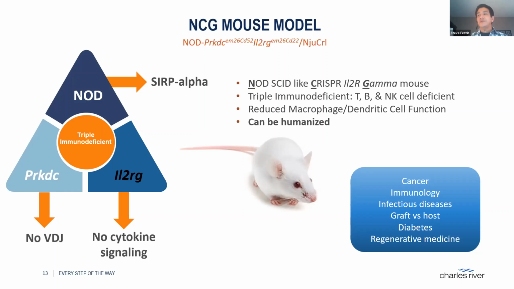These models can also be used to study immunology, since we're able to rebuild part of the immune system. It's also used for the study of infectious diseases, HIV being the most common. We do see onset of graft versus host disease in some cases, and some of that xenogeneic rejection is actually a good model for that.